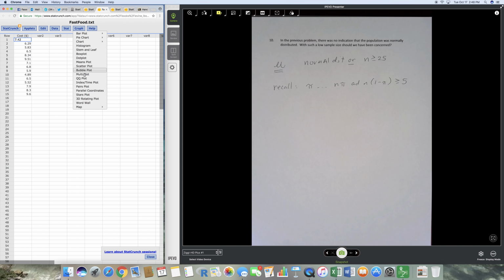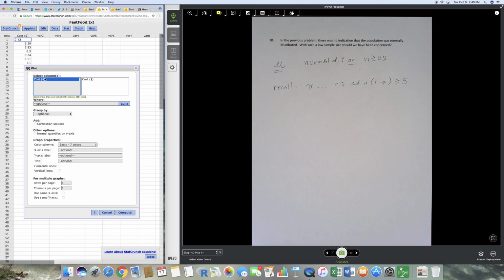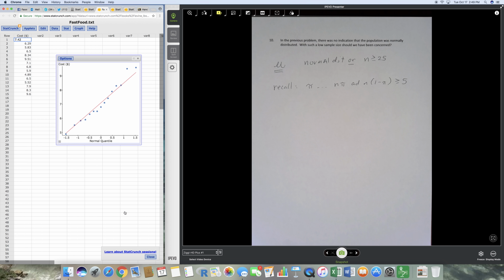Now, there's something called a, well, where is it? QQ plot, right? Let's take a look at a QQ plot. Now, a QQ plot, normal quantile plot, what we want to see here is we want to see our points make a straight line.